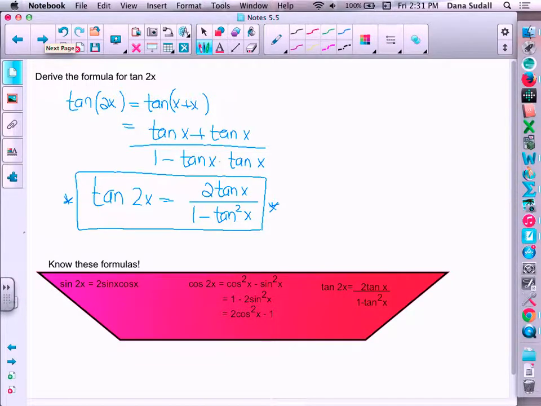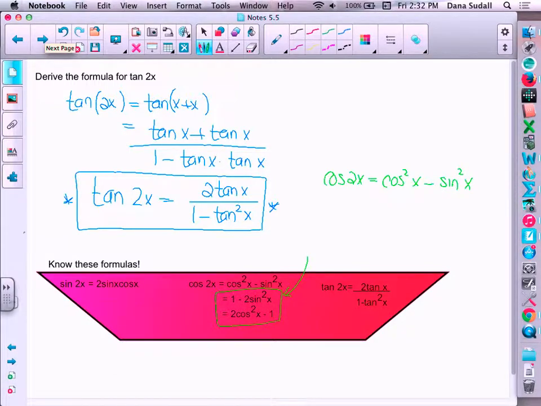So if you look at cosine 2x, there's 2 other identities written below here. And we didn't talk about those. If you look back at your cosine identity, so cosine of 2x, we developed and we said it was equal to cosine squared minus sine squared.